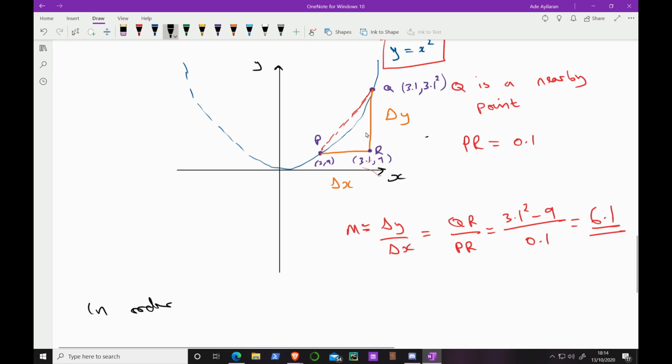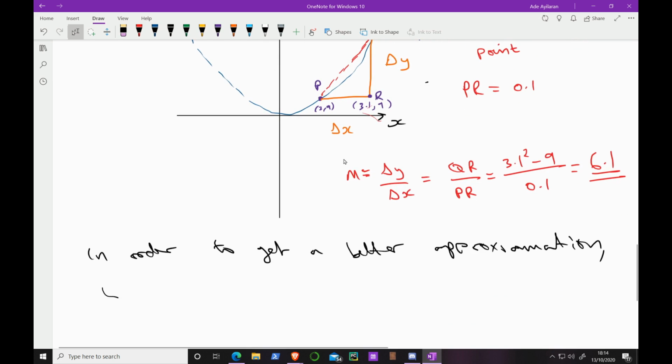In order to get a better approximation, bring Q closer to P. When we do that, what we're essentially doing is creating an expression that describes small changes.